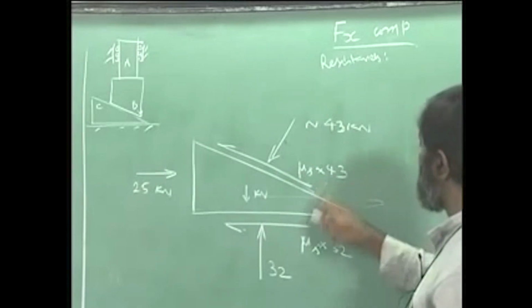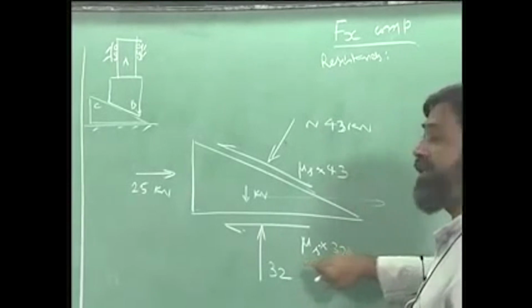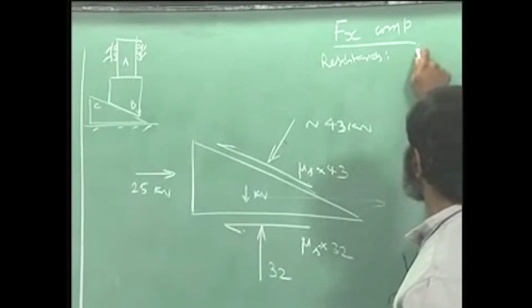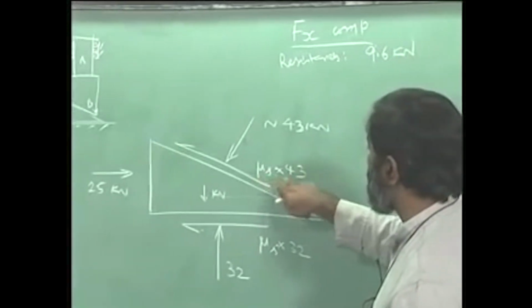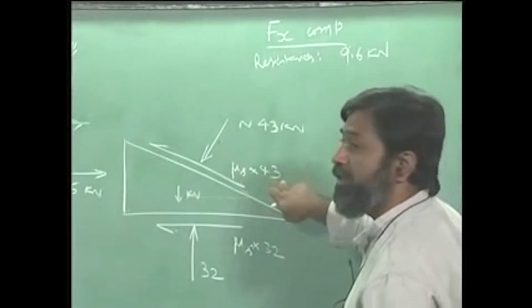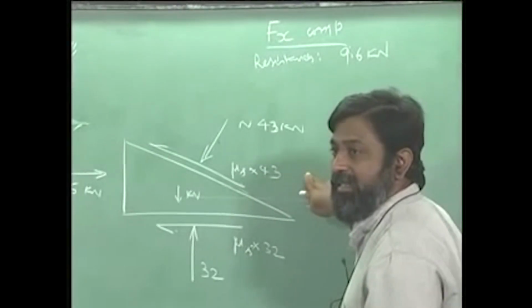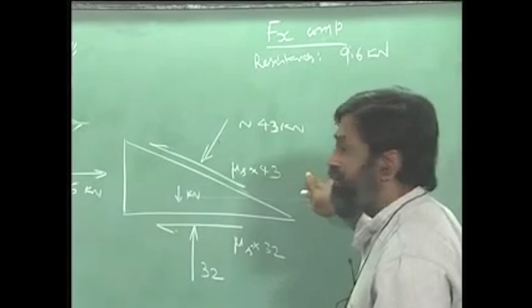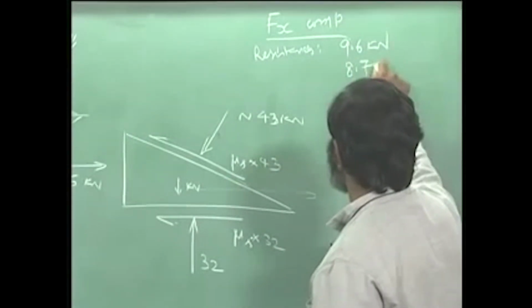One resistance is due to the friction below, that is 0.3 times 32, which is 9.6 kilonewtons. This we already found out is mu s times 43 times 0.7 or so, which came out to be around 8.7 kilonewtons.